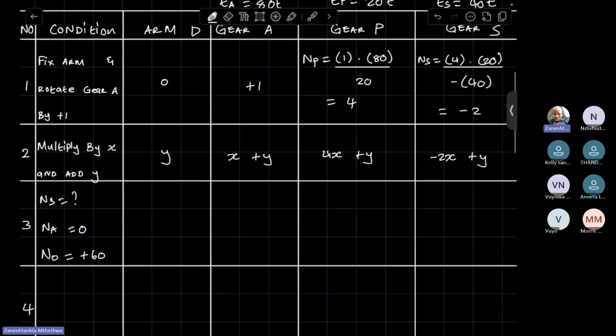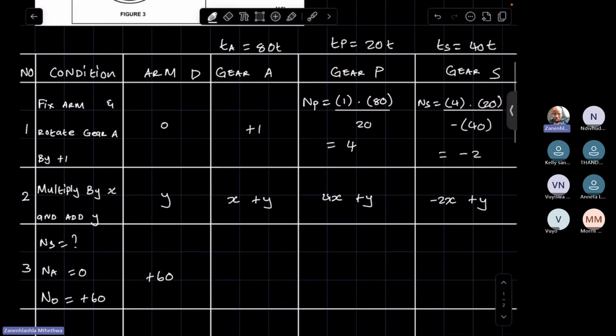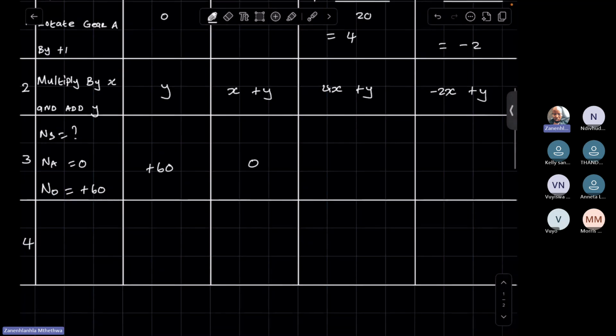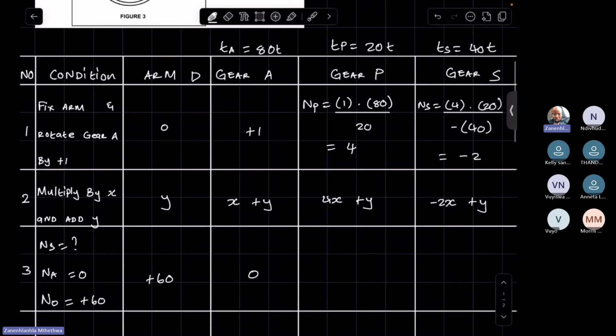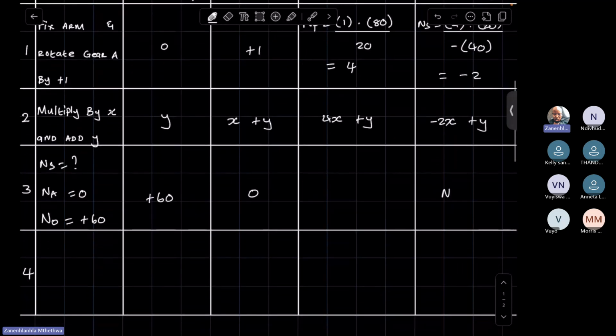So third condition is arm D. So the column for the arm is positive 60. And then the annulus is fixed, so this is 0. And then there's nothing on gear P. We are looking for NS, so here you write that, that is what we're looking for.